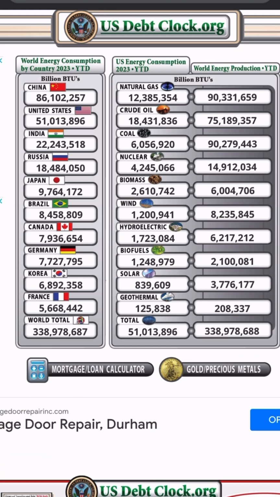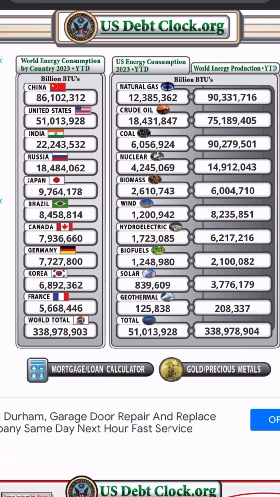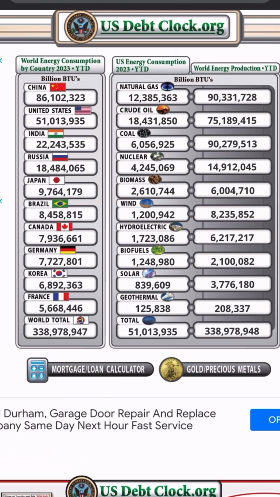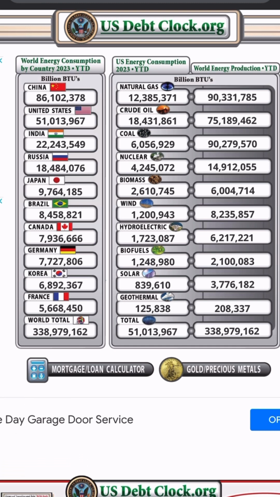And then you have nuclear, wind, hydroelectric, biofuel, solar, thermal. Those renewable energies are lacking extremely far behind. We're still highly dependent on oil and natural gas. So the two main energies we really look at are crude oil and natural gas.